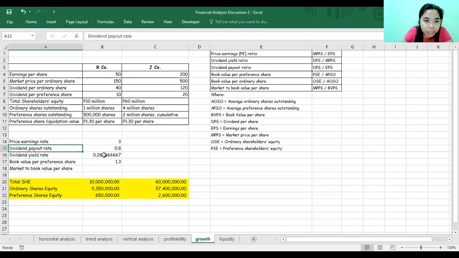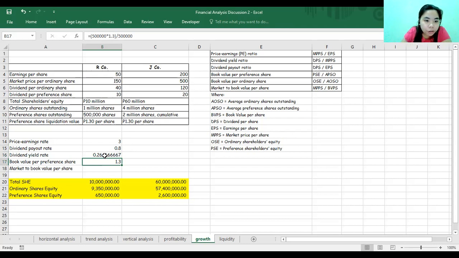So dividend yield is your dividend per ordinary share divided by the market price per share. So your dividend yield is 0.27:1. So you are paying 27 cents as your dividend in comparison to the market price per share outside.